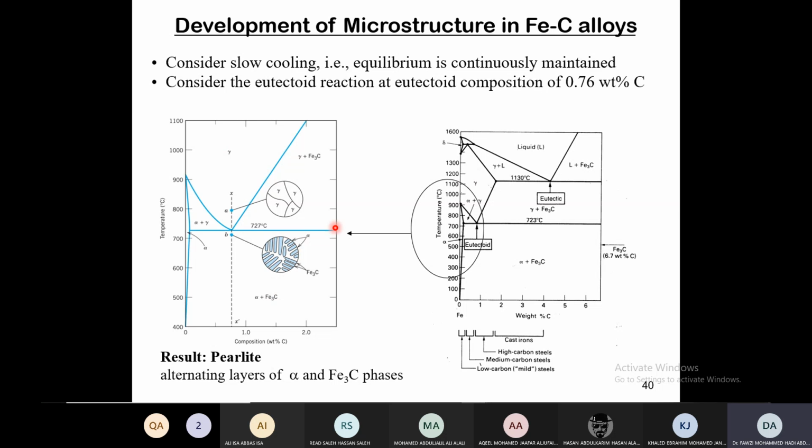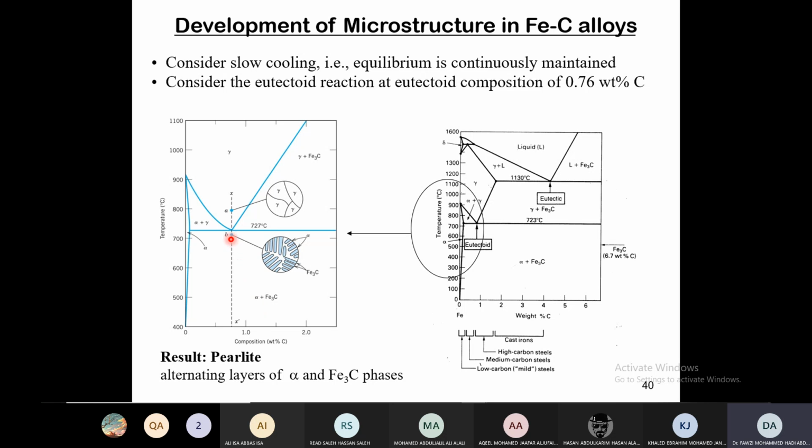For the same reasons that we explained at the eutectic point, the material wants to change from a single phase with an FCC crystal structure to two phases which have different crystal structures. The alpha has a BCC crystal structure, and the cementite has an orthorhombic crystal structure. Not only that, but they also have very different compositions in terms of carbon.